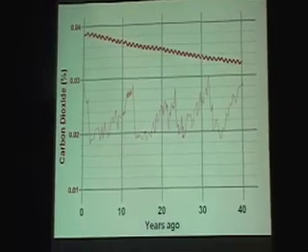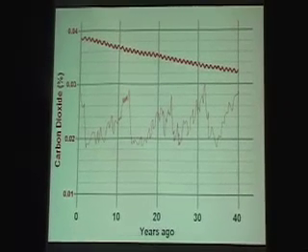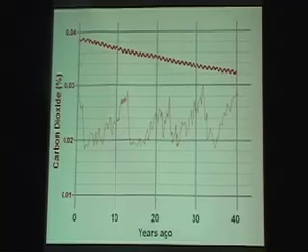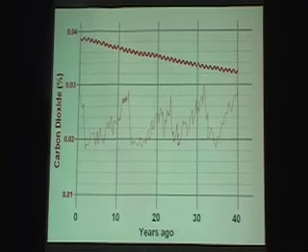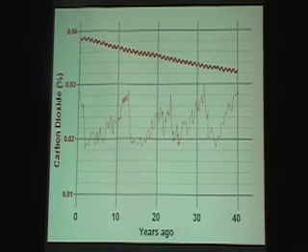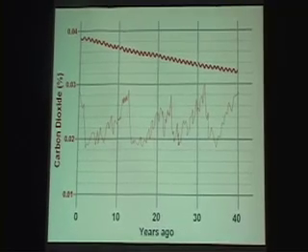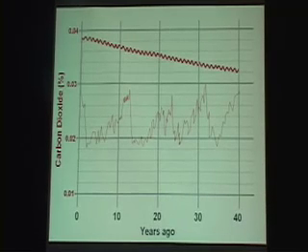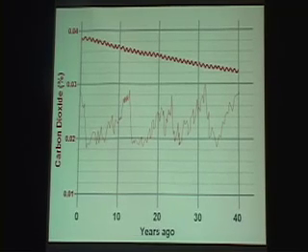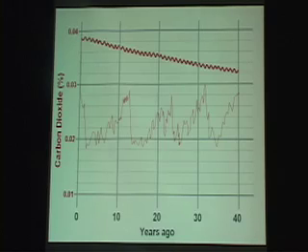The top graph is the carbon dioxide level over the last 40 years. You can see how fast it's increasing. Over the last 40 years, we're above any time over the last 400,000 years. Every year, we're breaking new records for carbon dioxide content in the atmosphere.